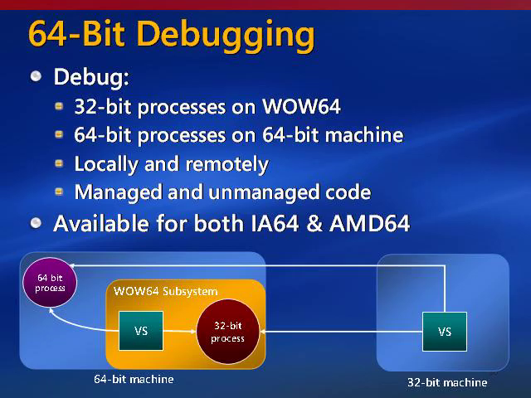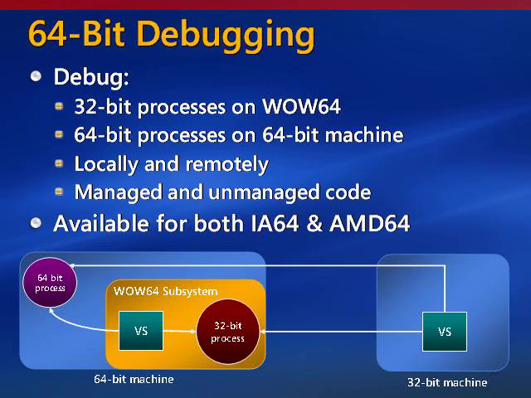So if you're trying to debug another 32-bit process running on WoW64, that's not a problem at all, and you can do it without doing any configuration and so on. But what about debugging a 64-bit process? Again, the experience is seamless. You can easily attach to a 64-bit process and debug it that way. This is for local debugging on a 64-bit machine.